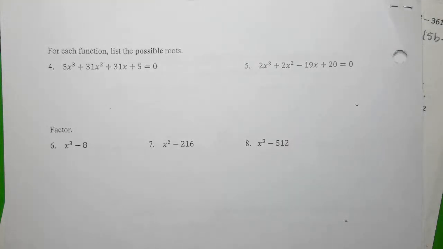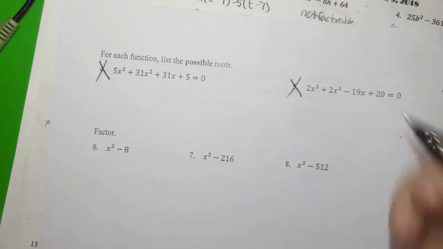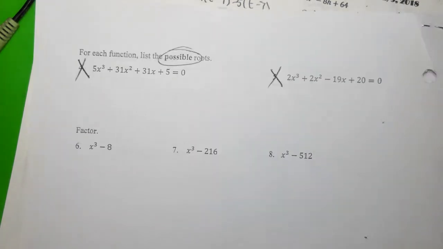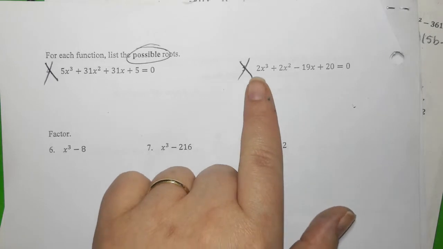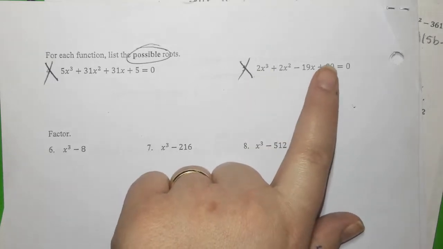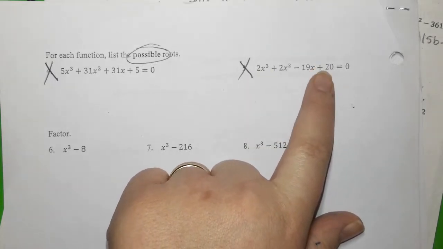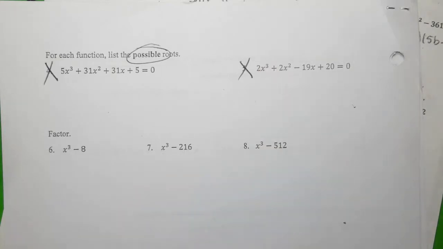And let's talk about some problems on the back. First of all, we're going to get rid of 4 and 5 back. The possible roots involve that theorem that we decided was silly, the rational root theorem, or the remainder theorem, which said that we were supposed to list off all the factors of the front thing, so for instance all the factors of 2, list off all the factors of the constant term, so all the factors of 20, and then we would have a list of all the possible roots.